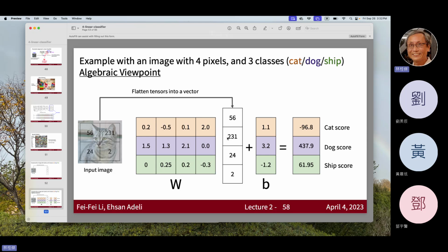So the desirable answer for us would be that in your inference, or your prediction, you want to have a high score for the cat. You want to have a low score for the dog and a low score for the sheep. But from whatever your original W and B are, you can see how wrong or how right these numbers are, or how good your current prediction is.